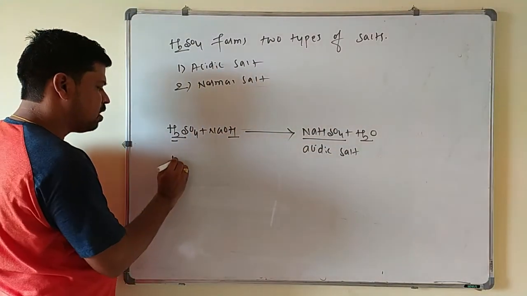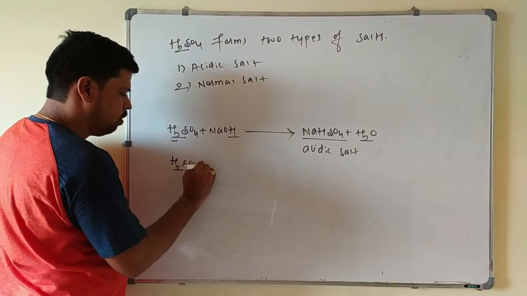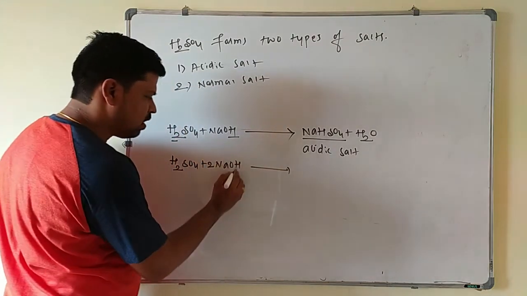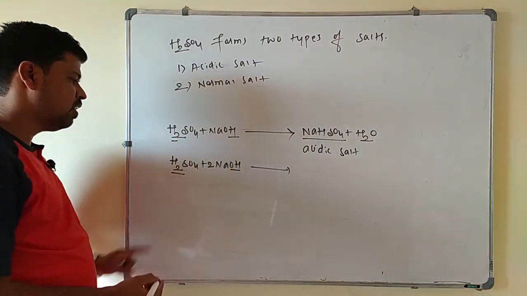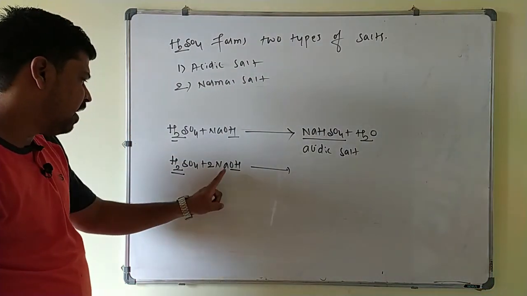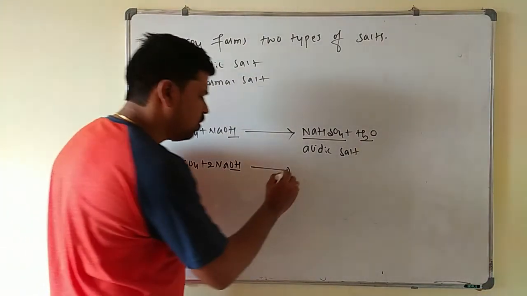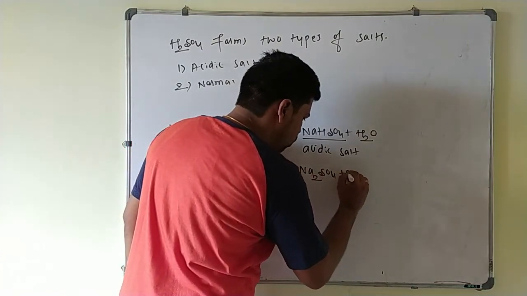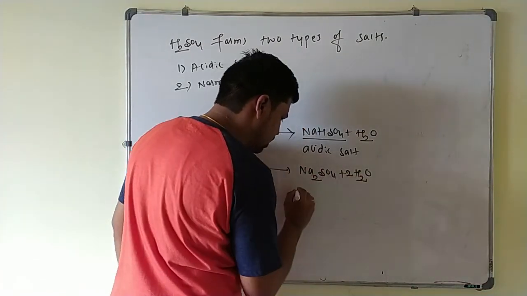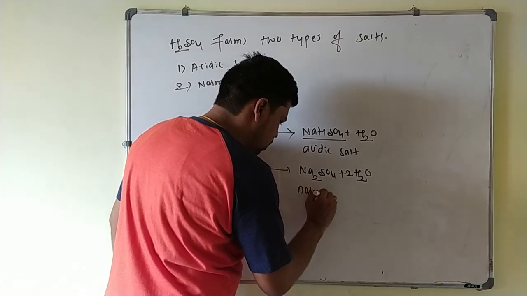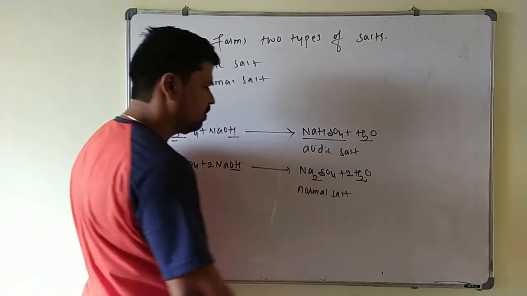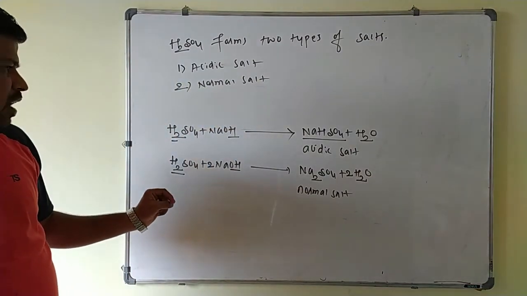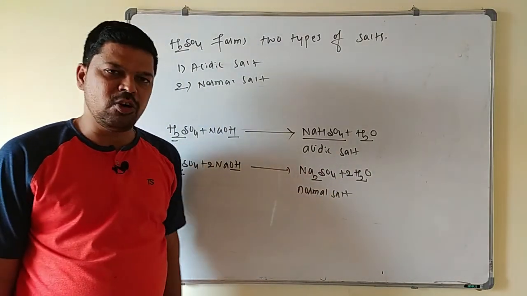Suppose I take H2SO4 with 2 moles of NaOH. 2 OH and 2 hydrogen form 2 moles of water and the remaining is Na2SO4, sodium sulfate, plus 2 moles of water, and this is your normal salt. So H2SO4 forms 2 series of salts: one is acidic salt and another is normal salt.